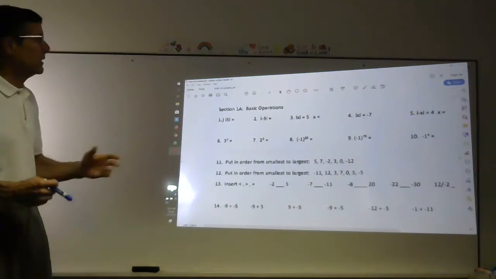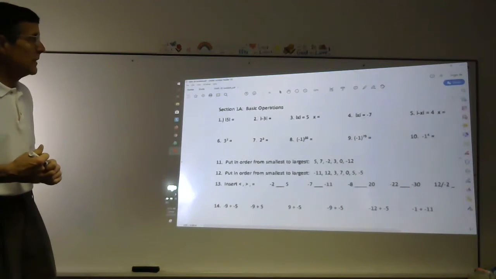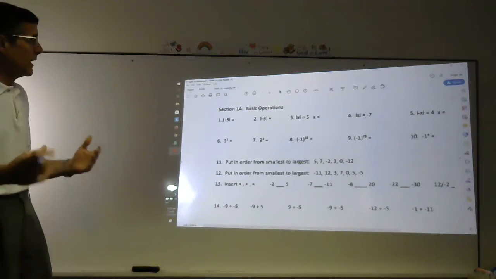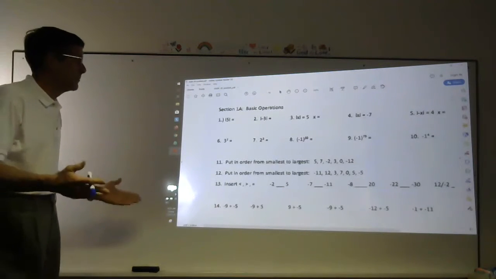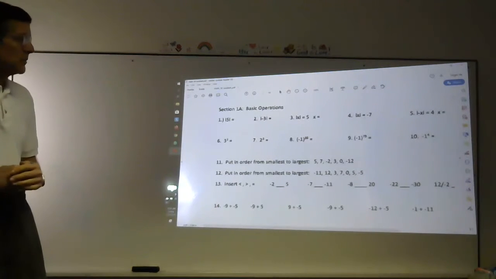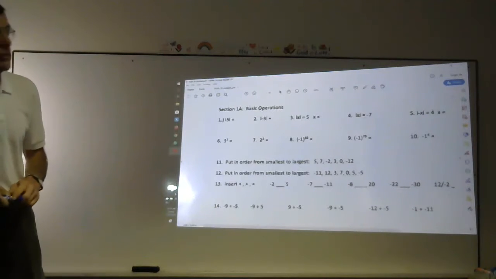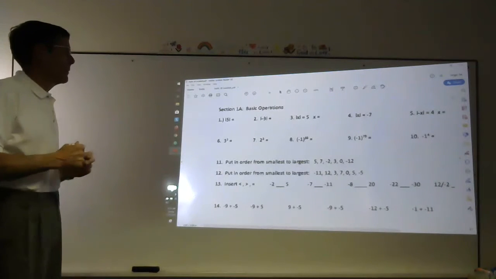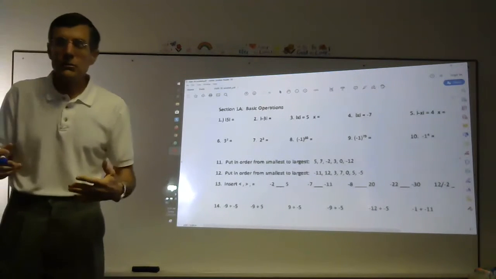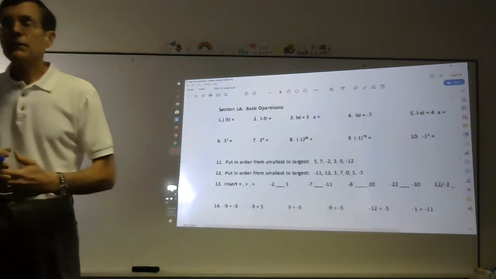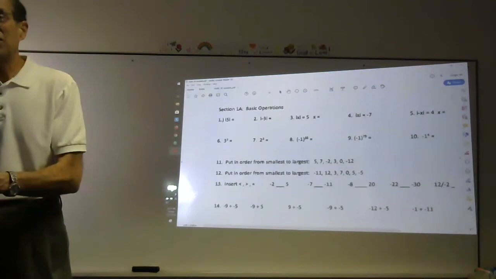We want to start with positive and negative numbers, okay? And then we're going to move on to adding and subtracting positive and negative numbers and the order of operations today. All right, so the first thing that we want to talk about is negative numbers. We are all aware of the fact that there are such things as negative numbers.